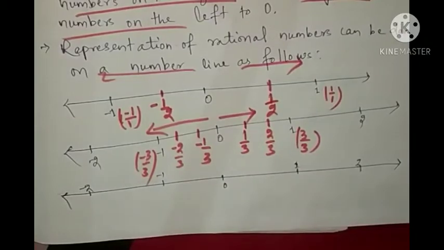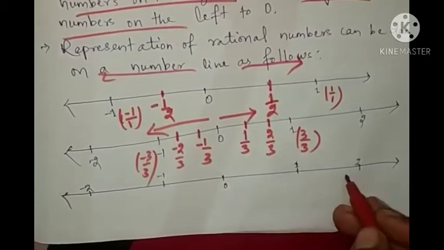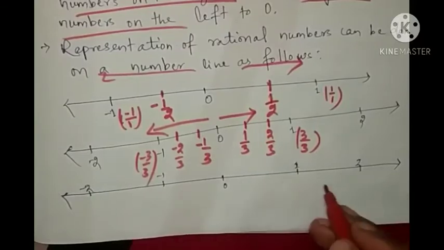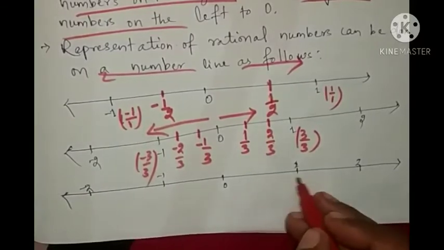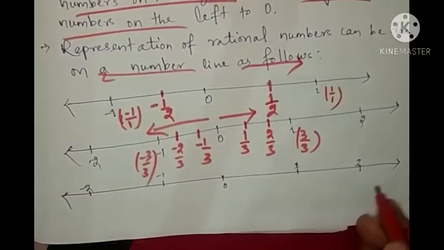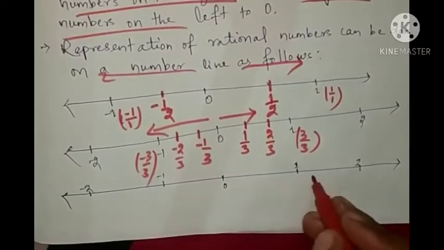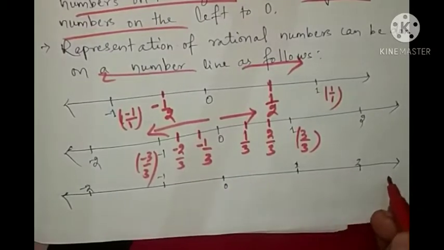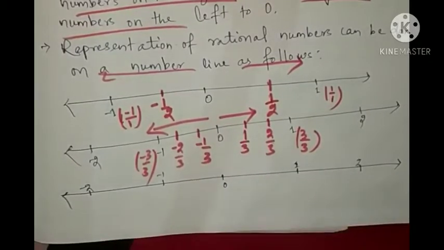Like this you can make as many divisions as you like and put the rational numbers. You can put the positive rational numbers on the right side of the 0, and the negative rational numbers on the left side of the 0.